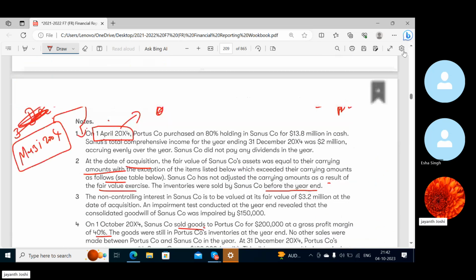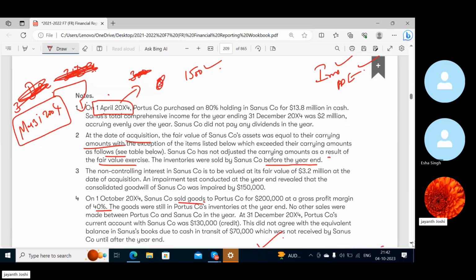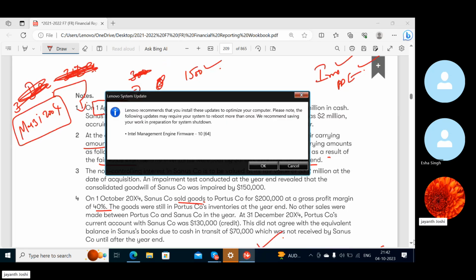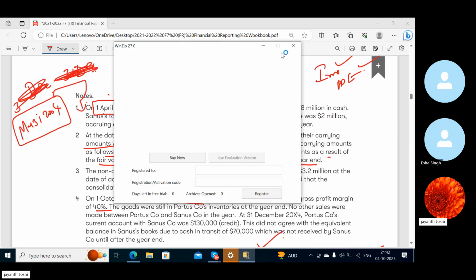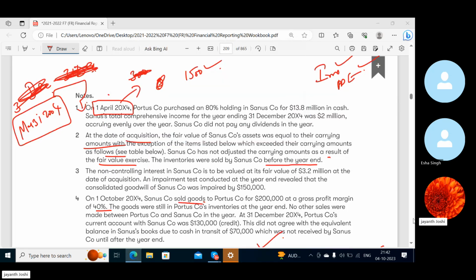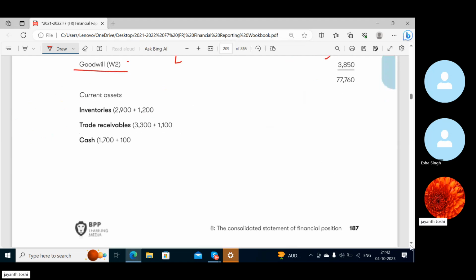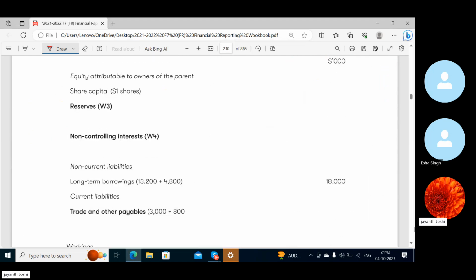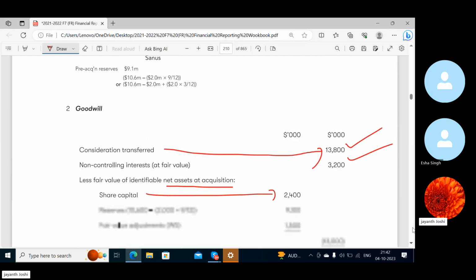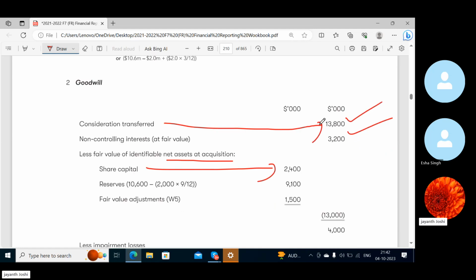We will take the fair values only, right? This is the consideration transferred. This is the NCI at fair value. The share capital of the sub.